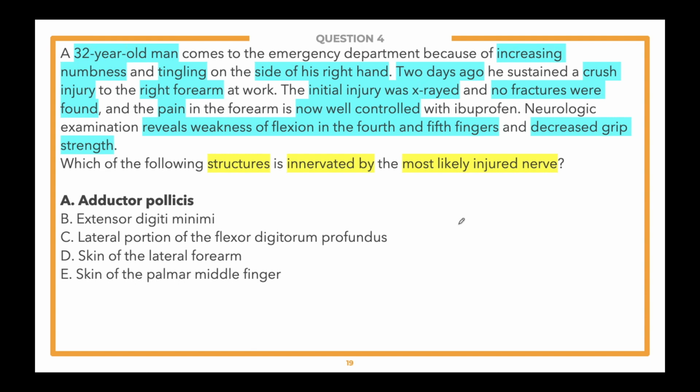So if you had damage to that, you would have issues with flexing the second and third digits. What the issue is in this question is the medial portion of the FDP. And lastly, answer choice B, this is innervated by a branch of the radial nerve, which again is a different nerve here. So a nice anatomy question.